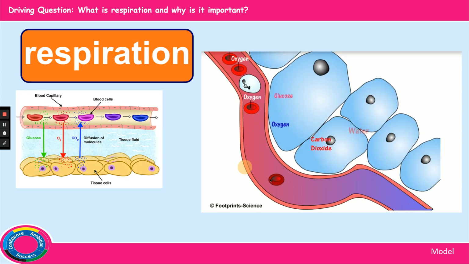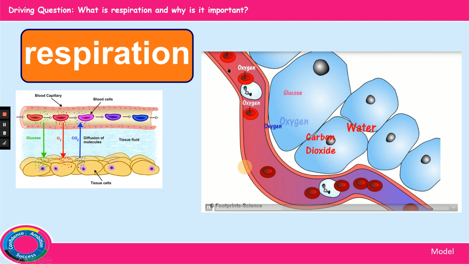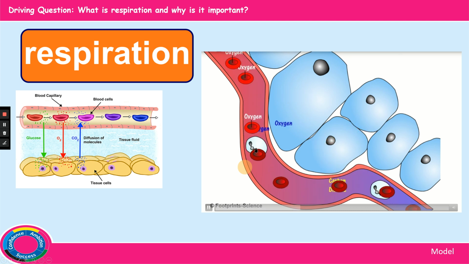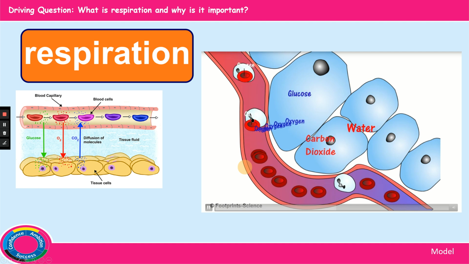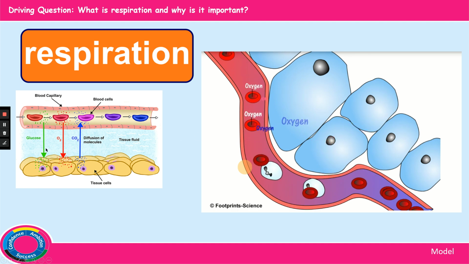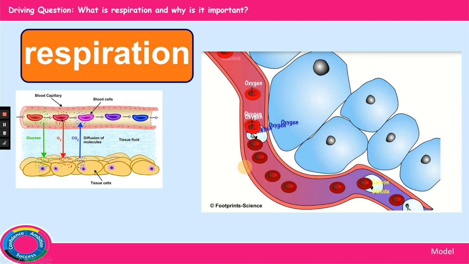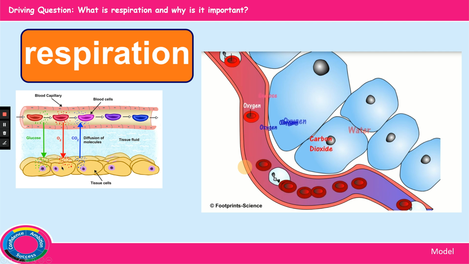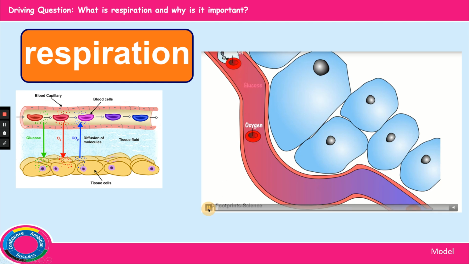We have here our red blood cells carrying our oxygen. We have our glucose entering our cell. So look over here. We have our oxygen coming from our red blood cells into our cell tissues. We have our glucose coming in. Okay, I'll play that again for you.